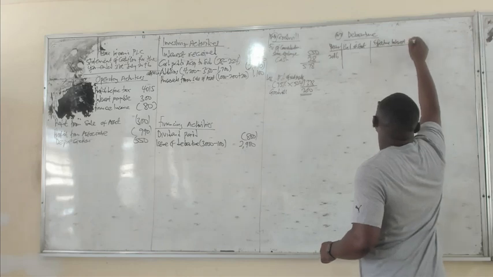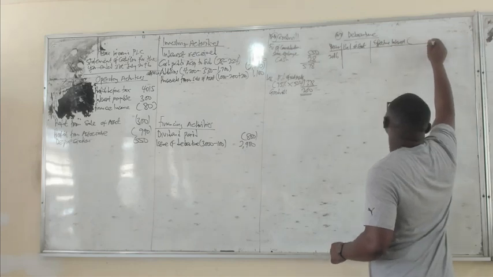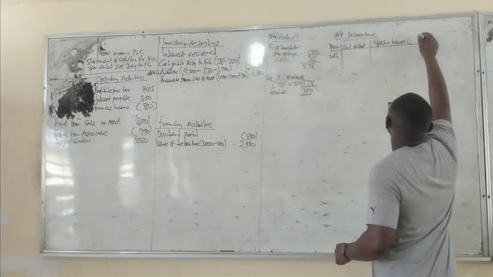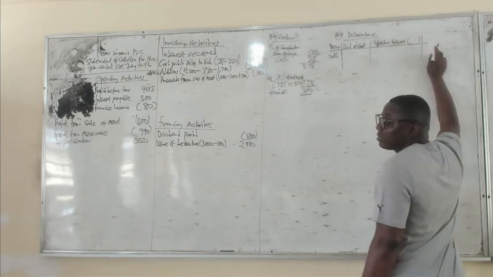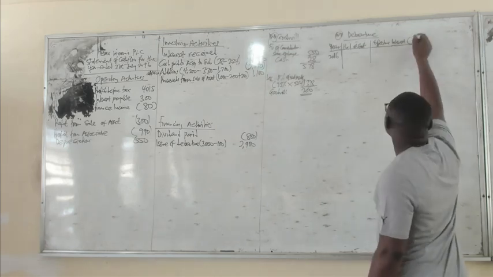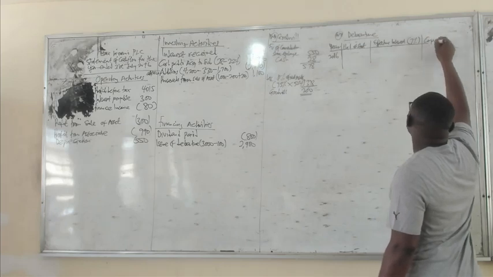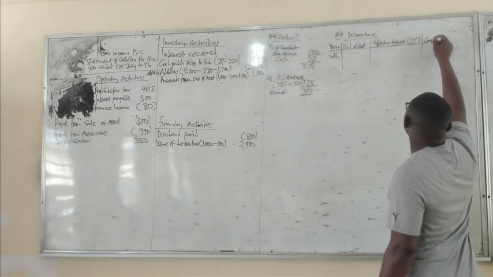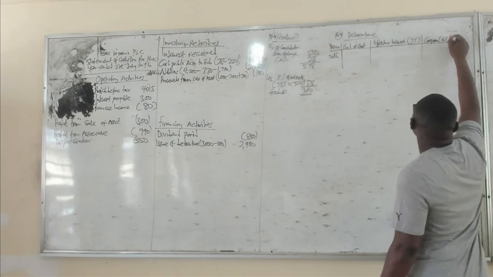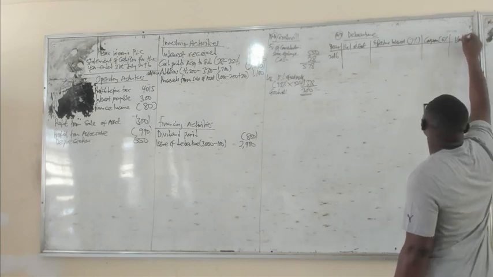The effective interest rate was given. What was the effective interest rate? 7%. And the coupon rate, the rate attached to the bond, is 6%. Then we have the balance at end.